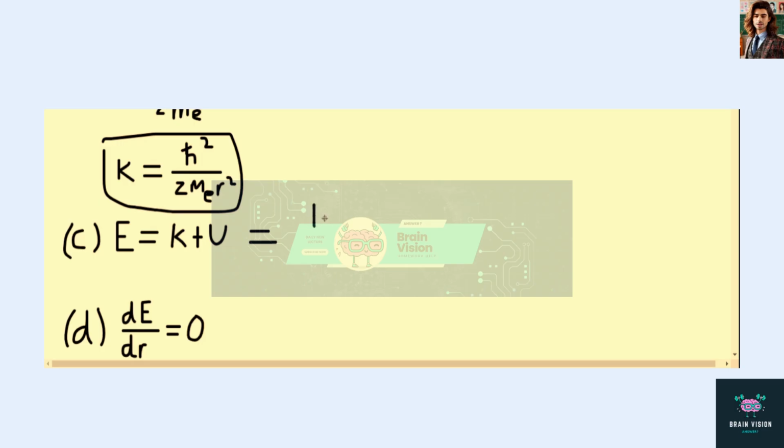So we have h bar squared divided by 2 times the mass of the electron, m sub e, times r squared, minus k sub e times e squared over r. We can box it in as our solution for part C.